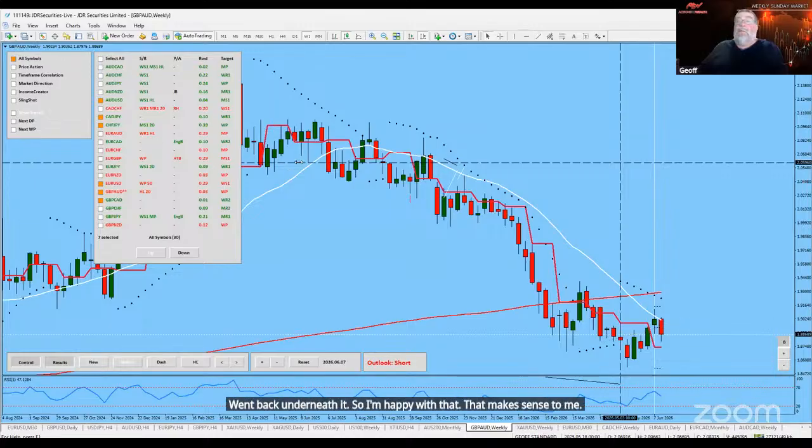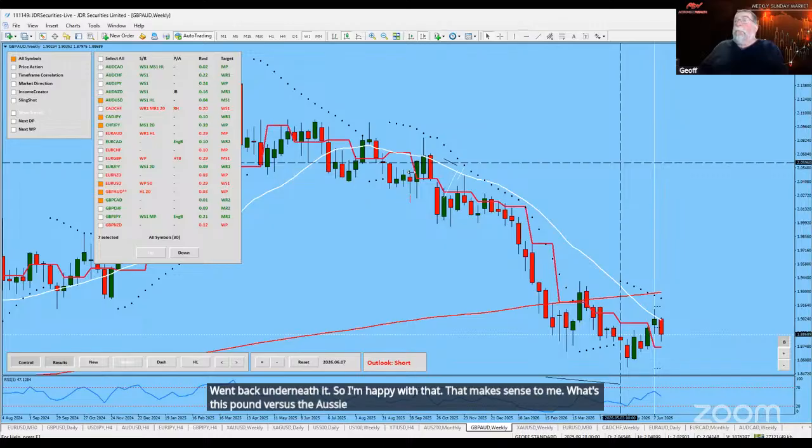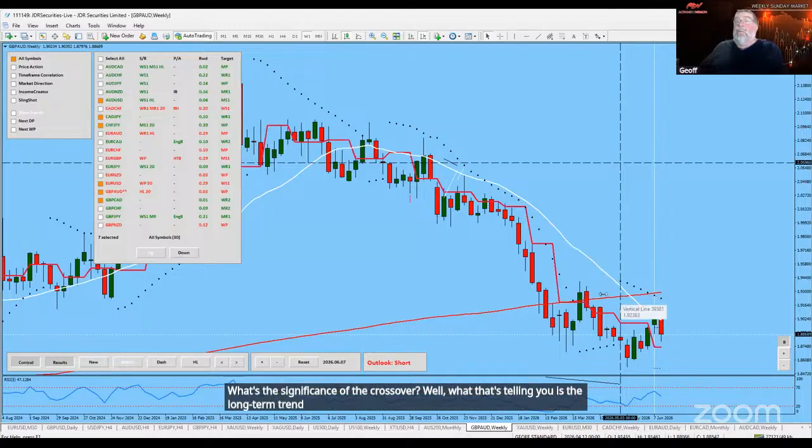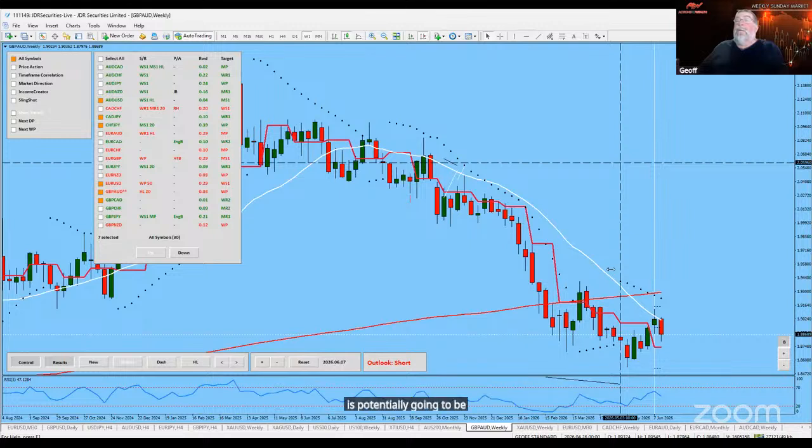What's this pound versus the Aussie? What's the significance of the crossover? Well, what that's telling you is the long-term trend, the 200 moving average, is potentially going to be broken by the short-term trend, so this is support, right?